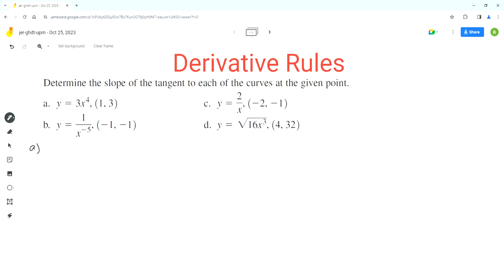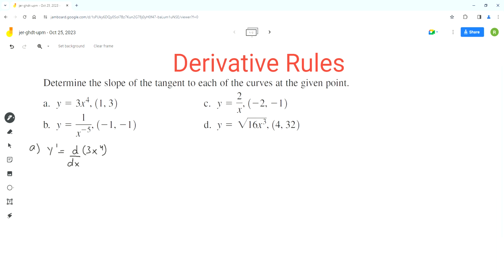So as you may know, the derivative of the function represents the slope of the tangent to that function. So we can use either the Leibniz notation or the prime notation. So for this one, we can use the prime notation. So we'll write y prime equals the derivative of 3 times x to the power 4 over dx.